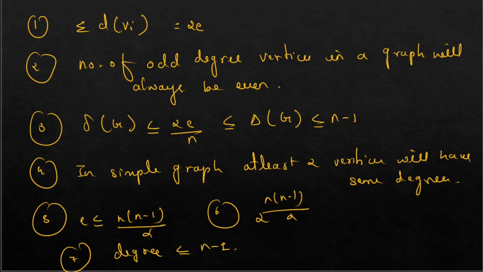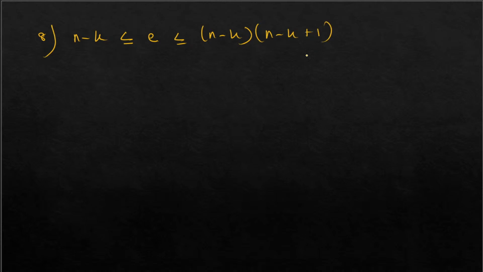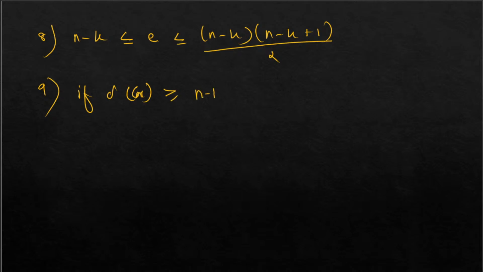Okay, so let's note the next one. n minus k is smaller than e is smaller than (n minus k plus 1) by 2. Ninth is if degree of g is greater than or equal to (n minus 1) by 2, then G is a connected graph.